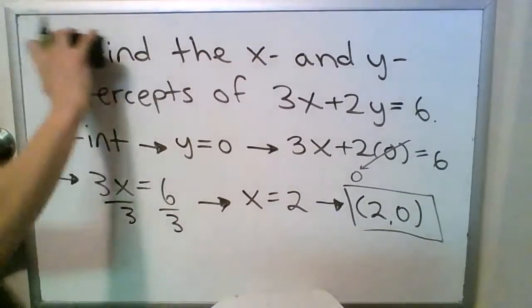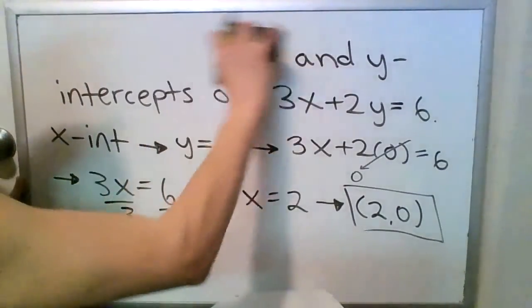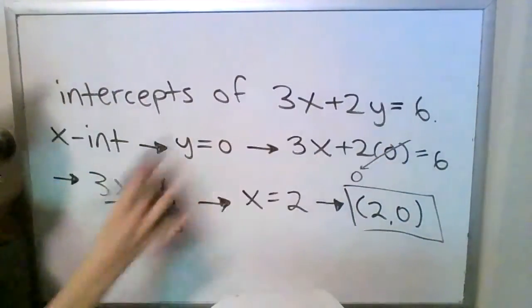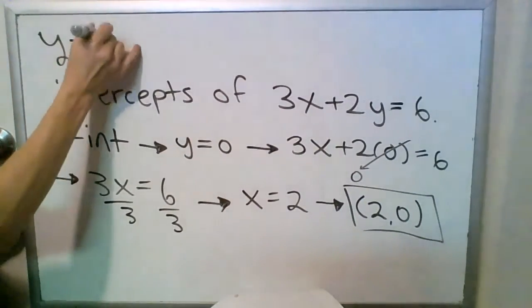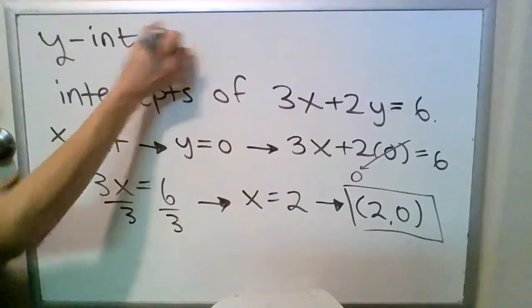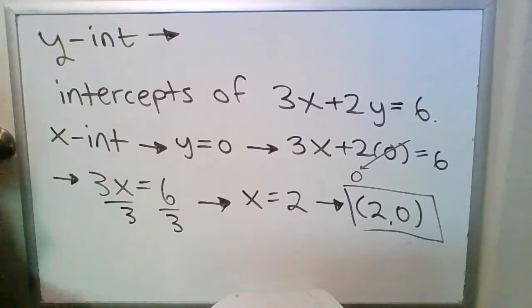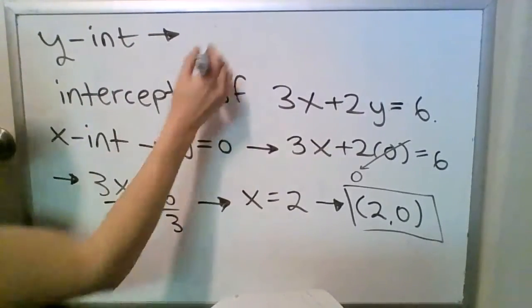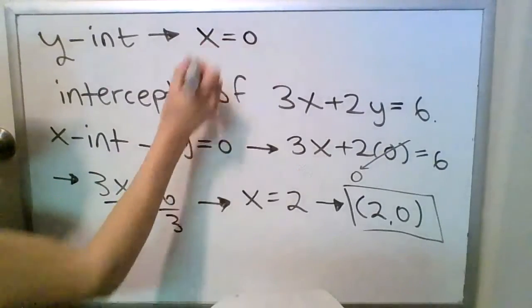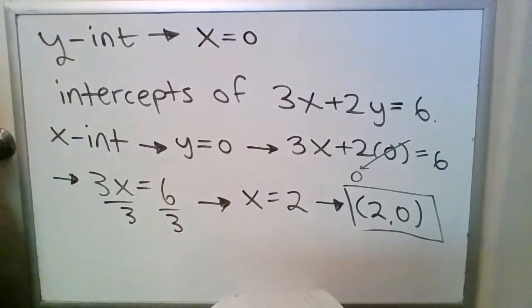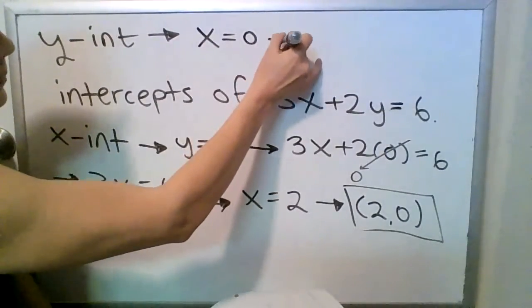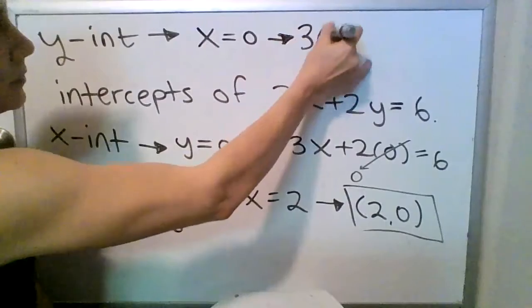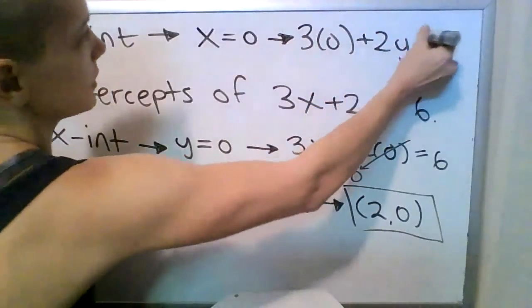Let's do the y-intercept. For your y-intercept, we let x equal 0. So we have 3 multiplied by 0, add 2 times y, and it's equal to 6.